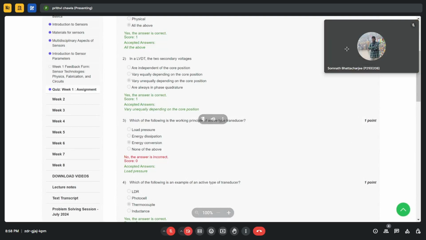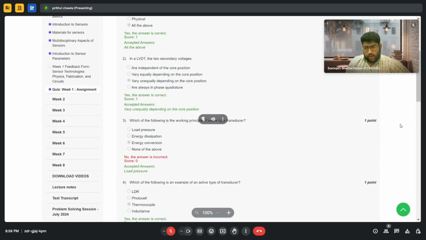In question number seven, I have marked the correct option only, but the score is reflecting as zero. Can you share your screen at that position? Yes, sir, sure. Yes, please share your screen, and then I may attach that screenshot as well.